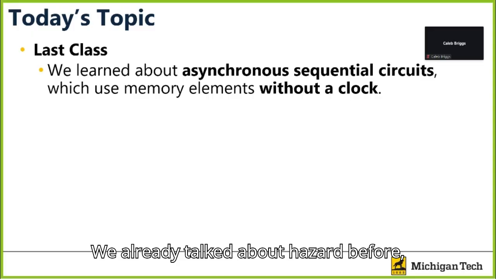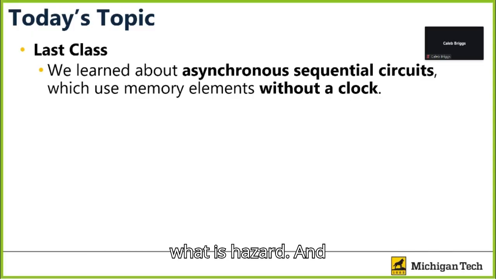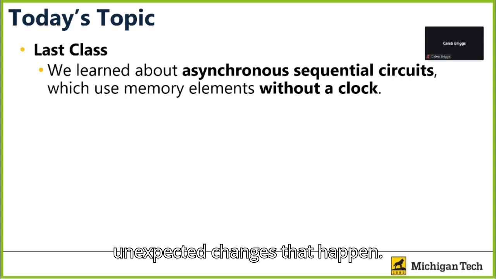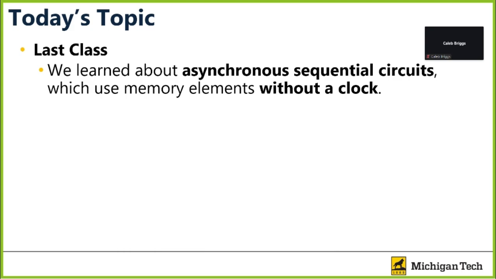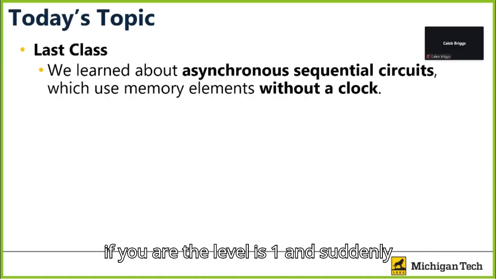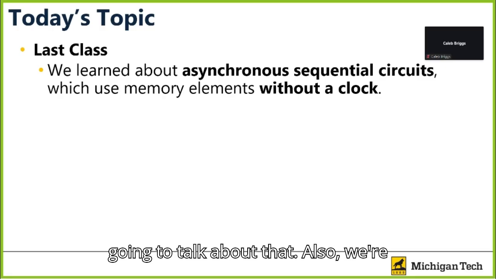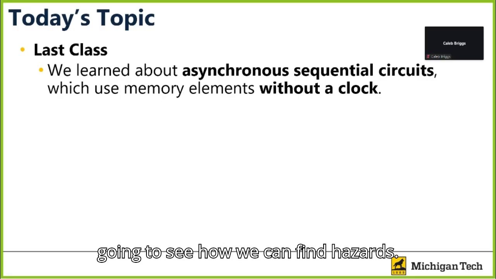We already talked about hazards before, but specifically we're going to define what a hazard is and what these glitches and unexpected changes that happen are. Sometimes it's hazard 0, hazard 1, it depends. If the level is 1 and suddenly goes to 0, that's hazard 0. Also, we're going to see how we can find hazards.